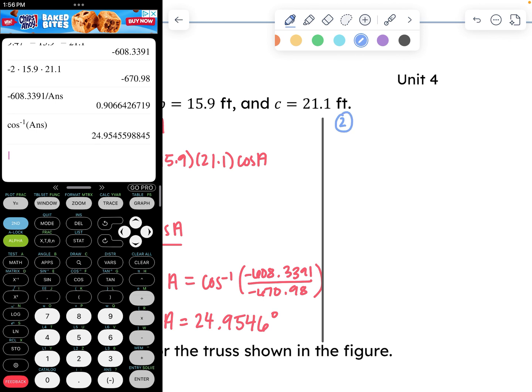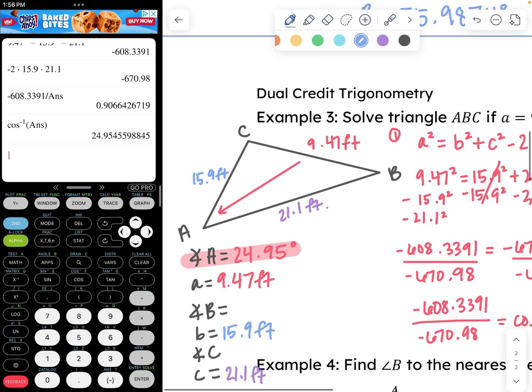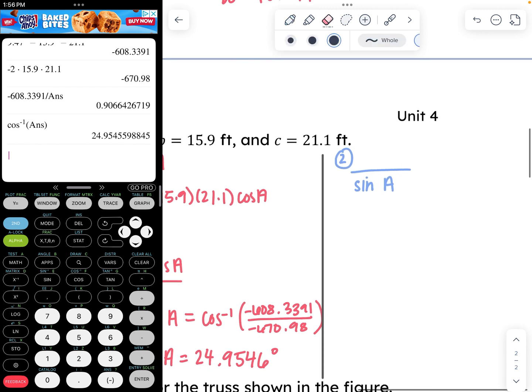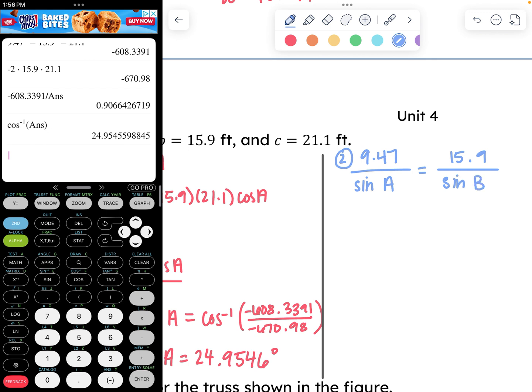Step 2, I'm going to do A over the sine of A, which side A, I know that, is 9.47. And that's going to equal side B, the 15.9, over the sine of B.